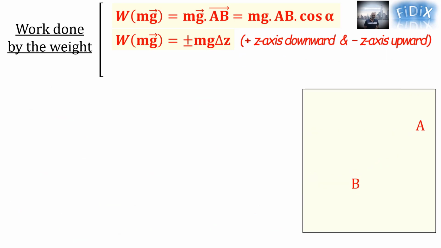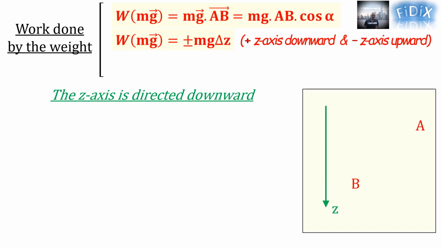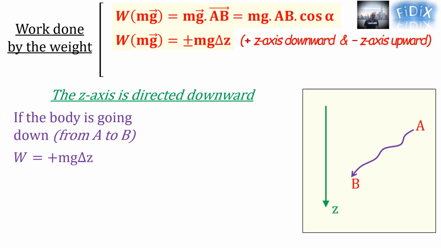Now let's find a third formula to determine the work done by the weight. If the z-axis is directed downward, we can apply the formula W equals plus mg delta z. If in addition to this the body is going down, for example from A to B in the figure, delta z will be equal to zb minus za, since B and A correspond respectively to the final and initial positions.